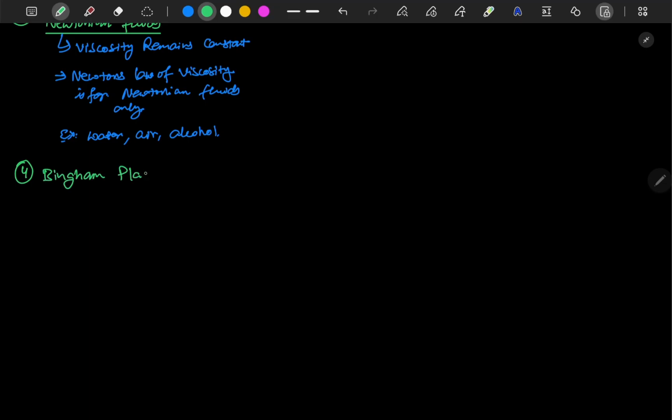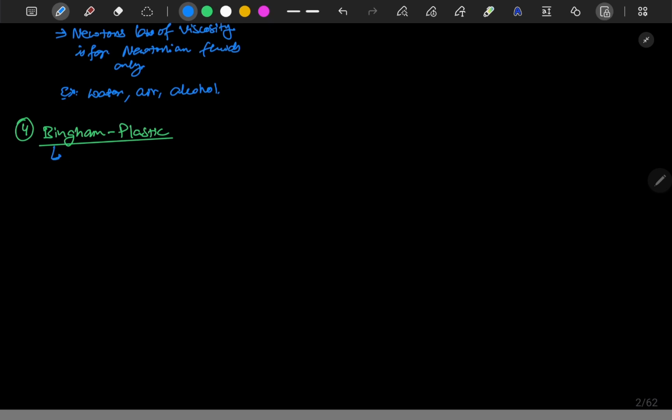Bingham plastic violates the basic deformation of fluids. Only after a certain stress application does your deformation take place.